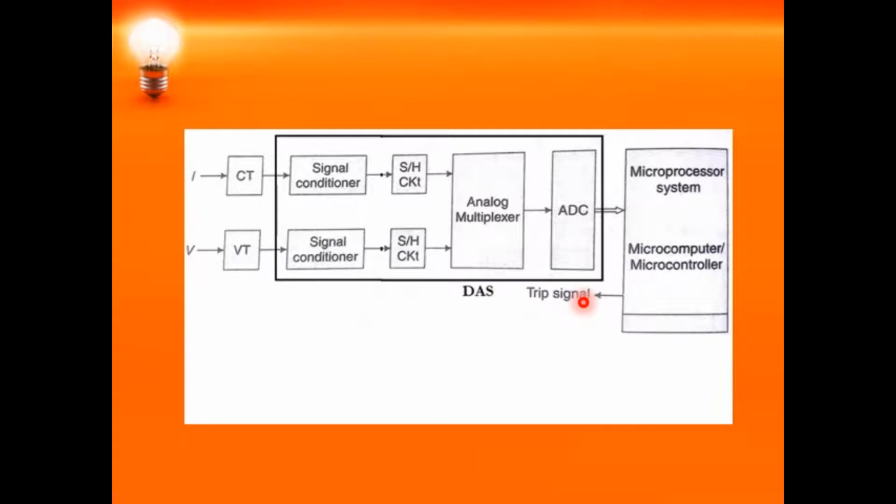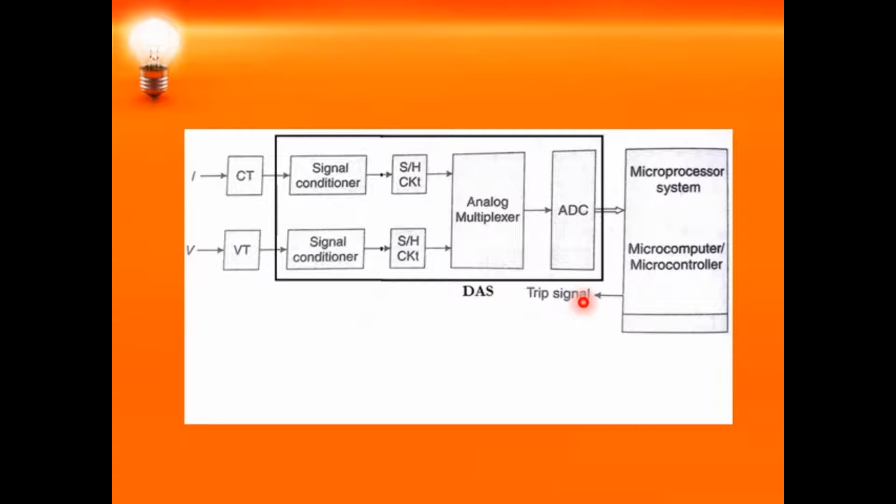This type of relay has the advantage that it is more flexible, because you can change the program and you can change the preset value. So it is more flexible when compared to the electromechanical type relays.